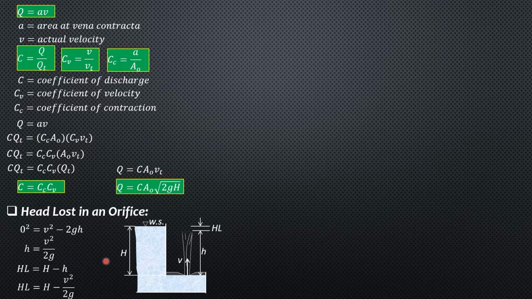So from the figure, head loss is big H minus small h, replacing small h by actual velocity head. And since actual velocity v is C sub V square root of 2g big H, v square equals C sub V square times quantity 2g big H. So v square over 2g is C sub V square big H, and big H is v square over C sub V square 2g.